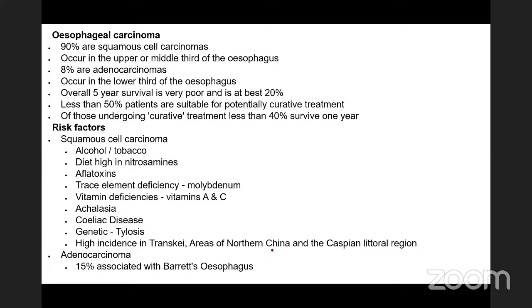The risk factors: squamous cell carcinoma.